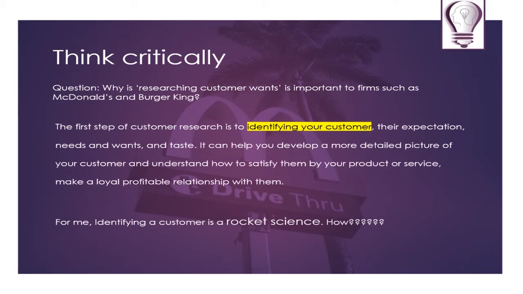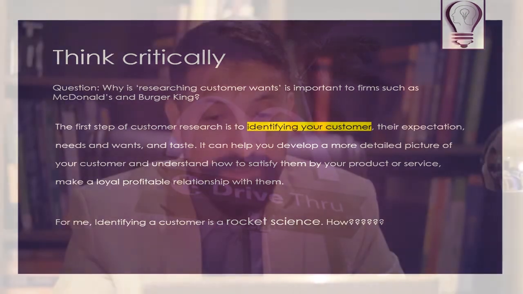The first step to customer research is to identify your customer. If you notice, I have highlighted this. Identify your customer. Why? Because identifying your customer is actually rocket science, and I have conducted seminars and workshops about identifying a customer.